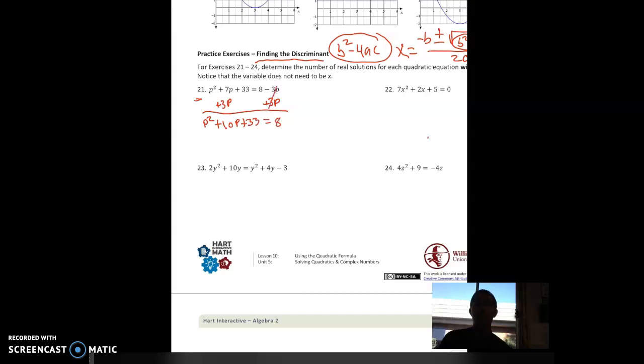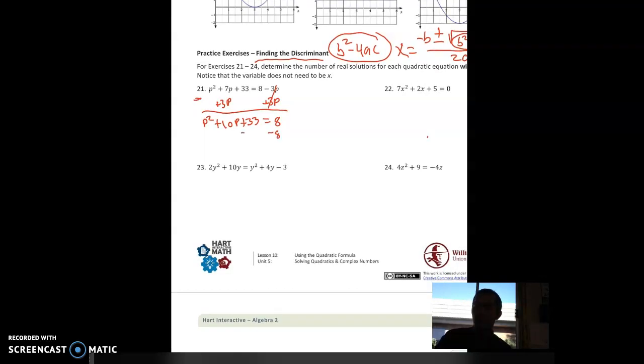The 3p's cancel on the right. Next, I still need 0 on the right side, so I'm going to subtract 8 from both sides. Then I get p squared plus 10p plus 25 is equal to 0.